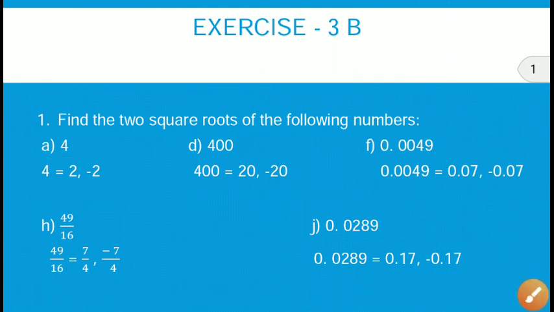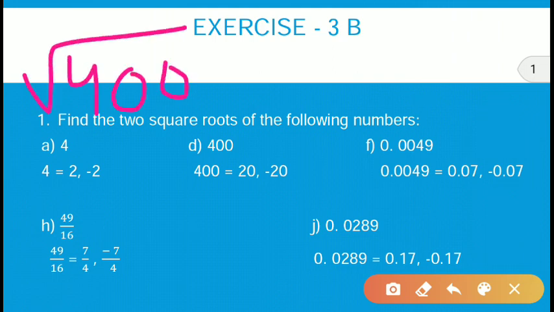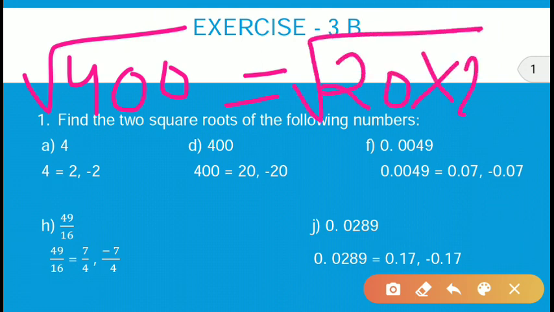In the same way, under root 400, you need to write the square root of 400. So this 400 can be written as 20 into 20. Now this is one pair. From each pair you write only one number, 20, and this will be plus minus 20, because when the under root is removed, it leaves a plus and minus sign.